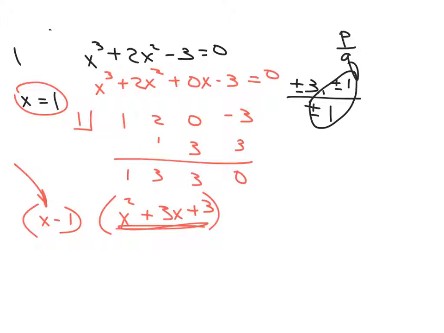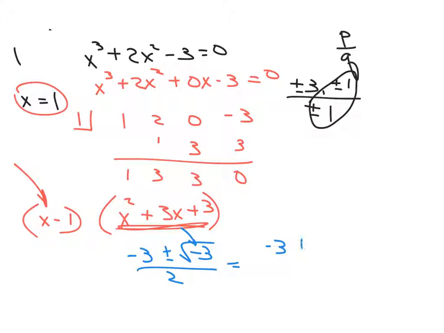Now, when you factor this down using the quadratic formula, because it's not going to factor, you're going to get negative 3 plus or minus the square root of negative 3 all over 2, which this negative here needs to come out.